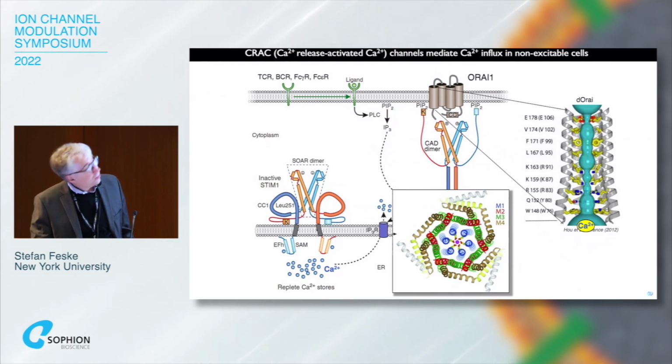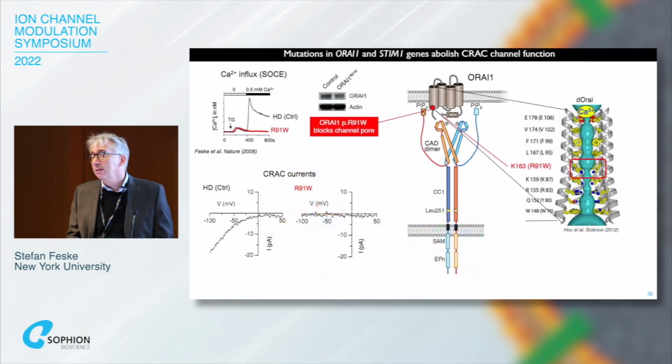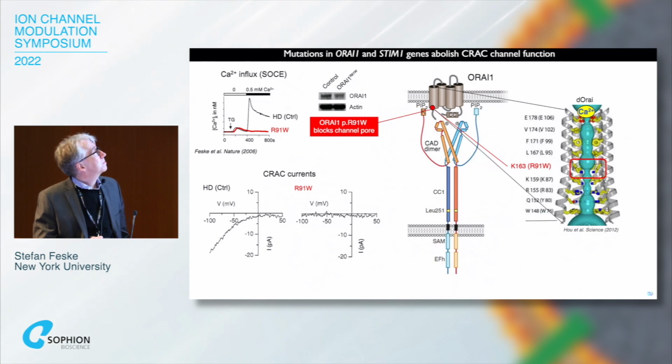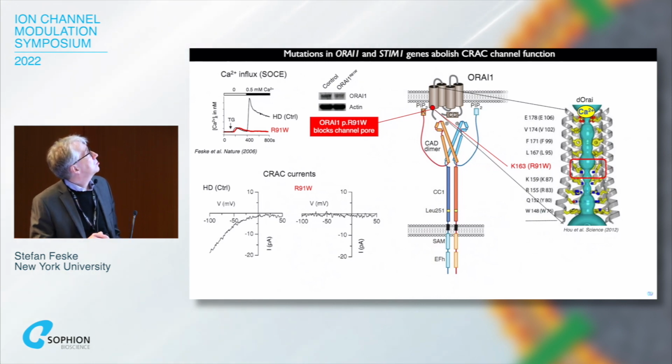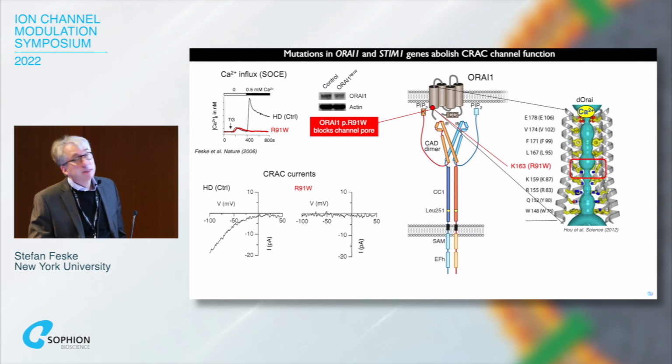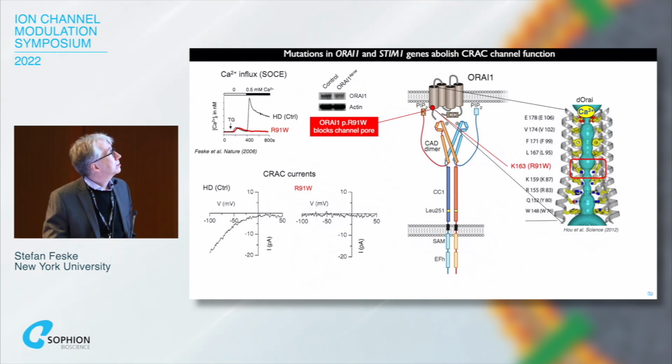And the reason I'm showing that is because when we cloned the channel in 2005 and 6, we did this by, among other things, using patients that had a defect in calcium influx, as you can see here after stimulation, and they had a defect in CRAC channel currents. And we didn't know at the time what the molecule was, right?